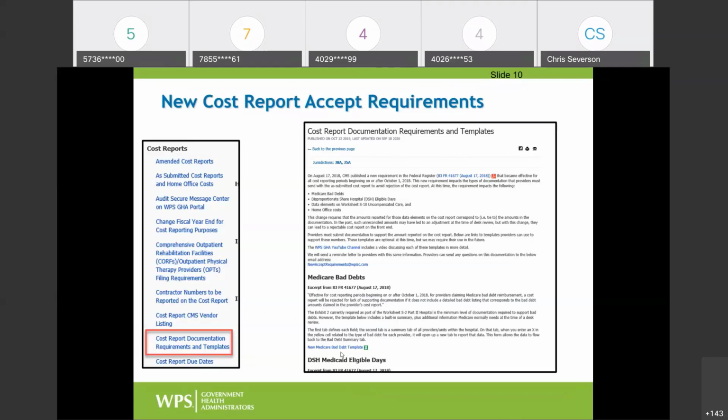Now, as far as the home office, there's no real template for the home office other than, of course, the cost report form set, the CMS approved cost report form set. We don't have any sort of separate template like that. So whichever vendor you might be using for that, send it in the normal way. If you need to be approved for a home office number, you can certainly send that in.